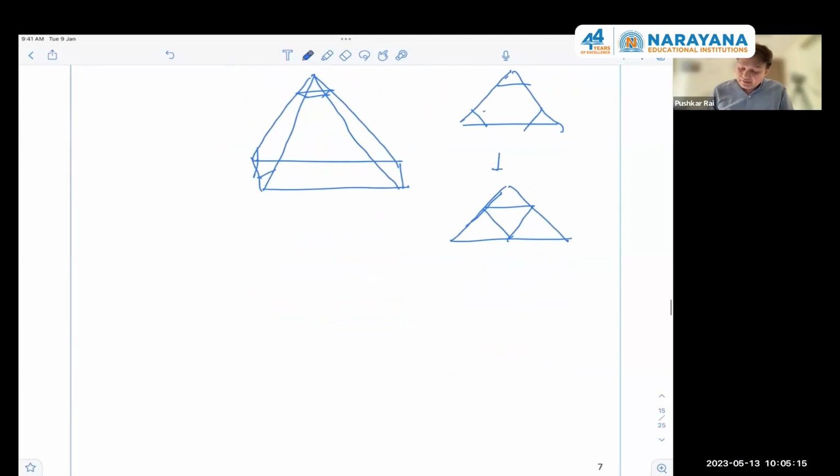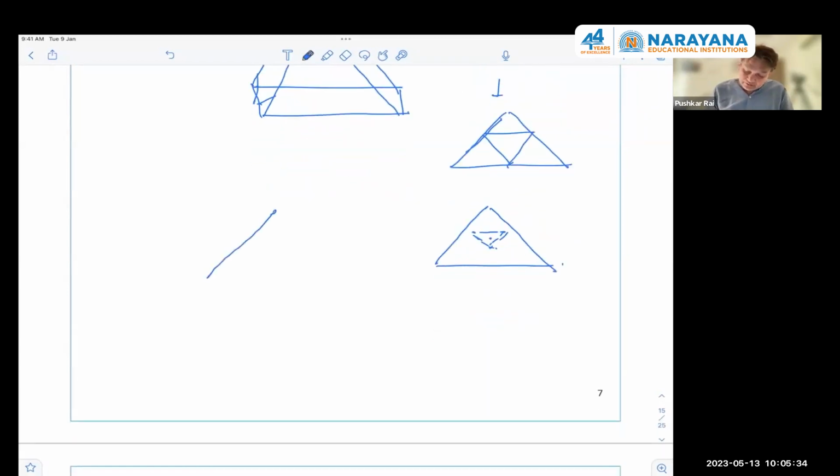Do you agree? After this, if you keep on cutting it, then it will look like this. If you keep on cutting like this, it will be dislocated, and finally it is going to be what? At the center.